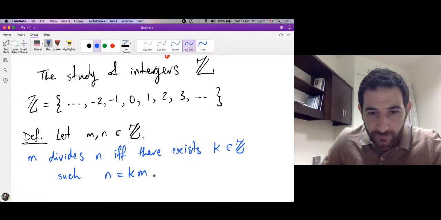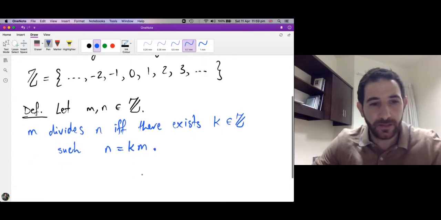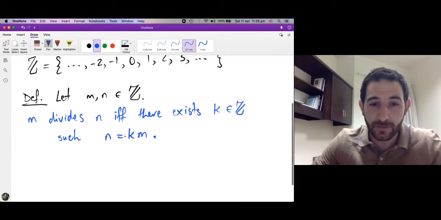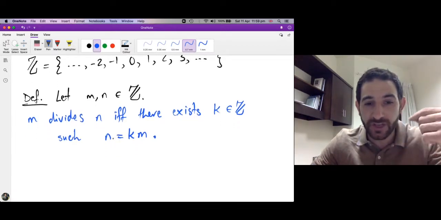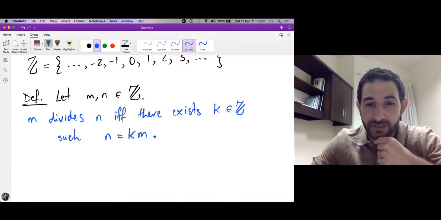Read this again. m divides n if there exists an integer k such that k times m is equal to n, which means that we can approach n using k many m's.